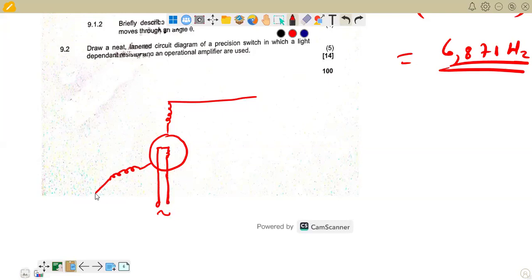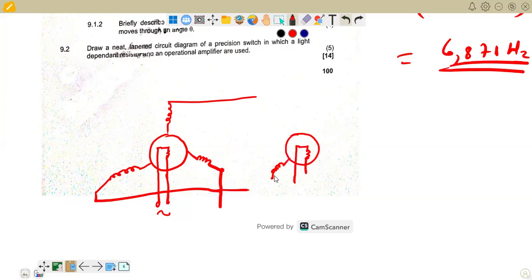Then we come to this side, and here another winding. It goes down. This one coming this side, and they're connected to another. Directly connected to this. There we go.